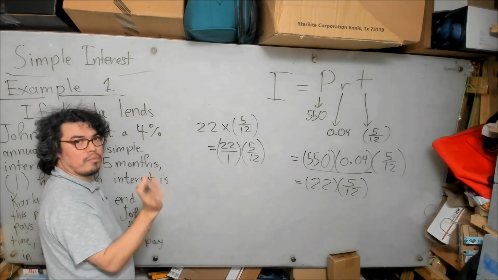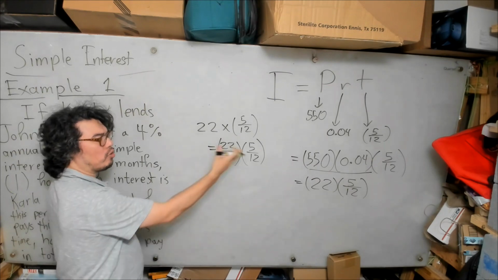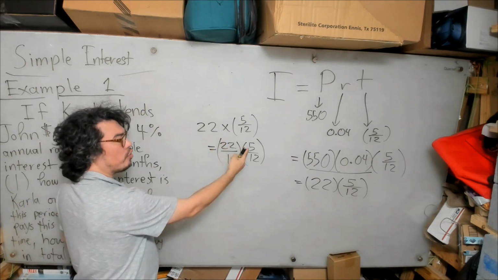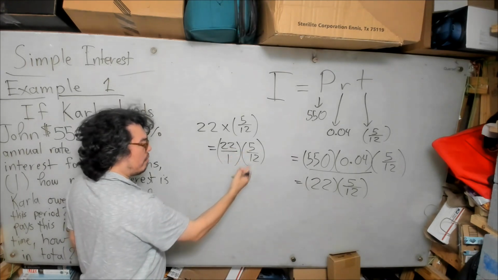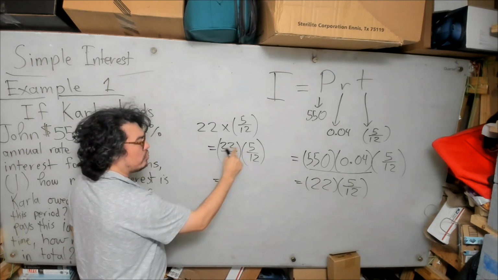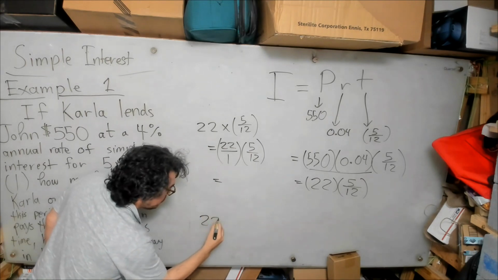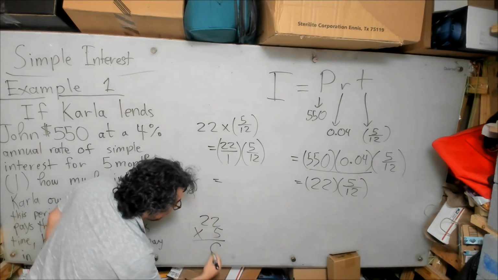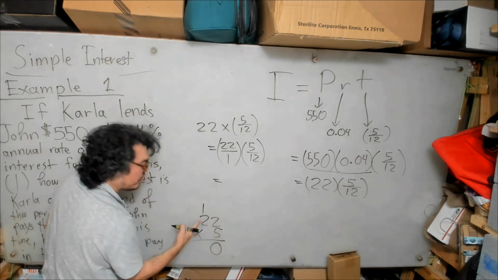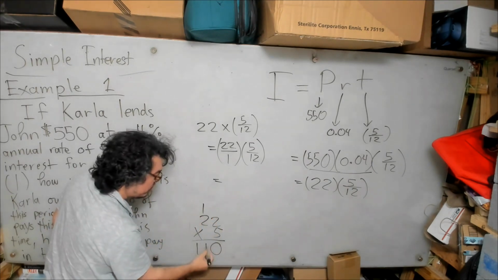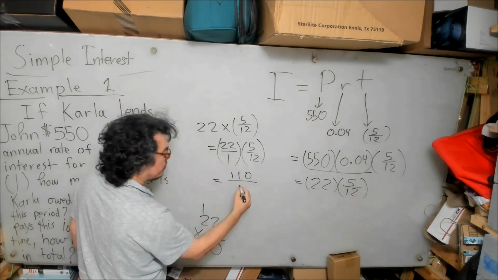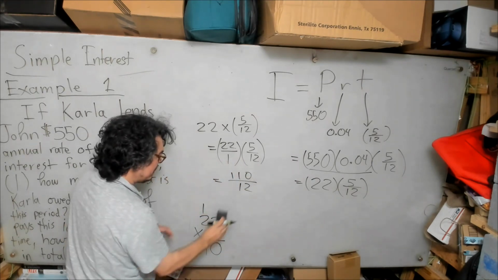I'm going to go with the most simplistic thing, and that is when I want to multiply two fractions, I always multiply across, okay? The numerator with the numerator, the denominator with the denominator. Okay, so 22 times 5, I have to figure that out here. 22 times 5. 5 times 2 is 10. I bring down the 0, carry the 1. 5 times 2 is 10, plus 1 is 11, so that's 110. 110 on top. What's 1 times 12? 12. Now we're in business.